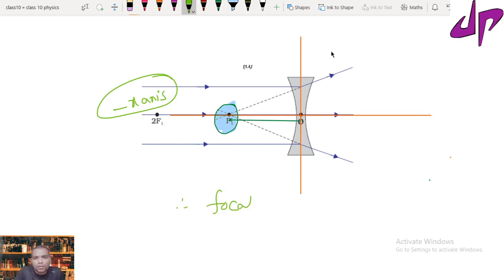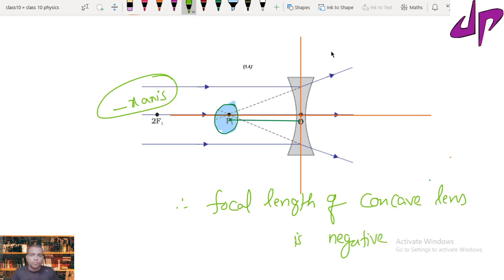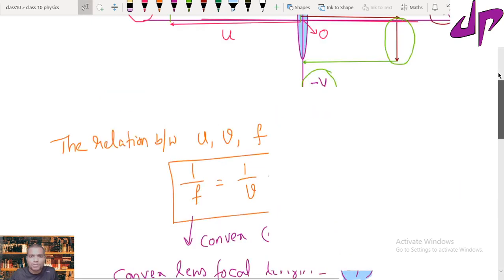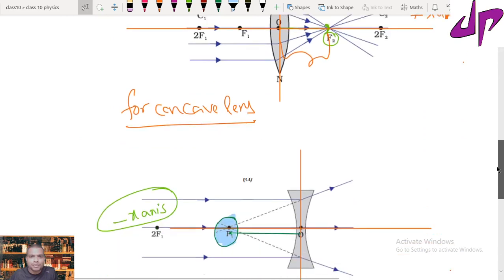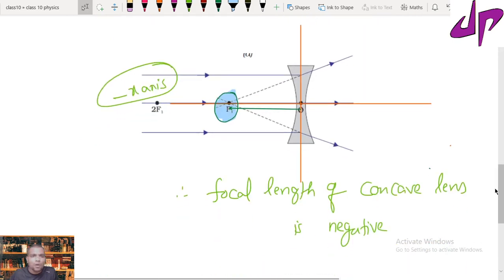Therefore, the focal length of a concave lens is negative. So in the given problem, the focal length for a convex lens is positive, and for a concave lens its value is negative. So I hope you understand how we measure the focal length.